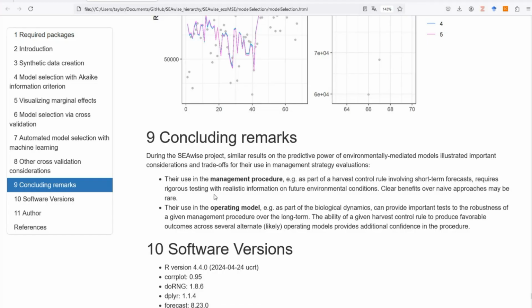So let's say you want to look at if you get better performance from your harvest control rule or management, if you make projections about future recruitment, for example, using environmental conditions, that this doesn't seem to be something that's going to happen very often.